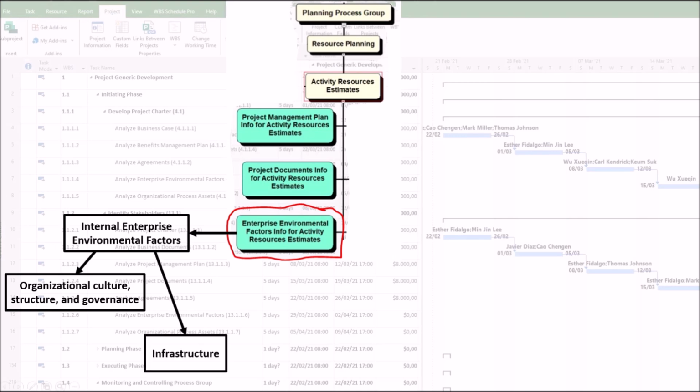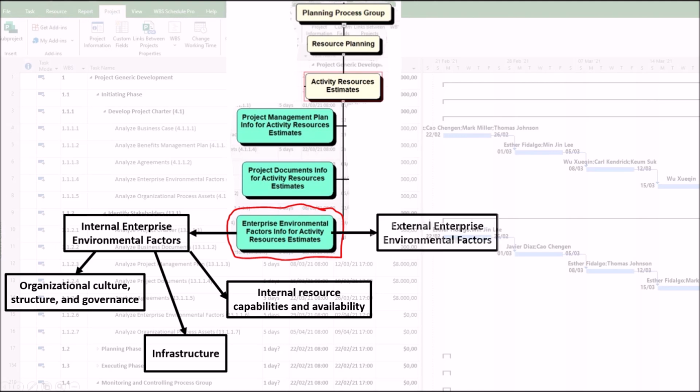Second, infrastructure, such as existing facilities and equipment, determines tools, software, and physical assets available for the project, affecting what needs to be purchased. Third, internal resource capabilities and availability, impacts activity duration and cost. The skills, experience, and number of available staff are key considerations.